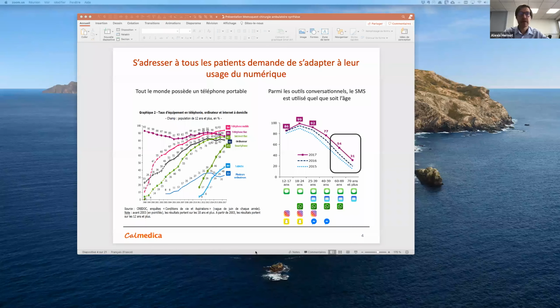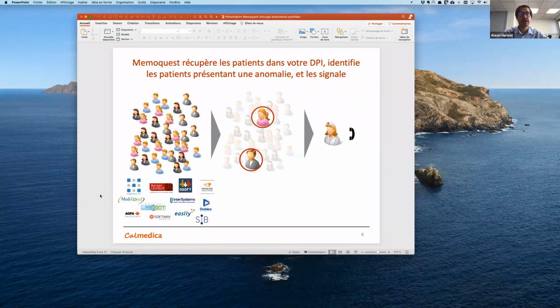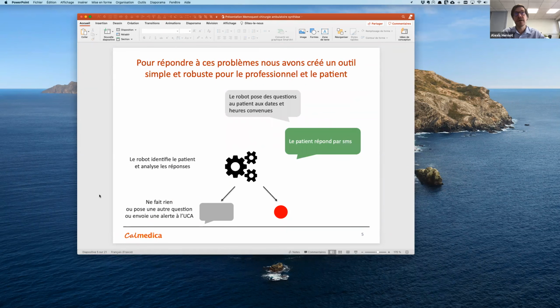the second point, which is how do we bring that information to the web? So basically, the patient discusses with the system. As you see here, the chatbot sends text messages, the patient answers, the system analyzes the answers, and then does other things, either asks other questions, raises alerts, and so on.